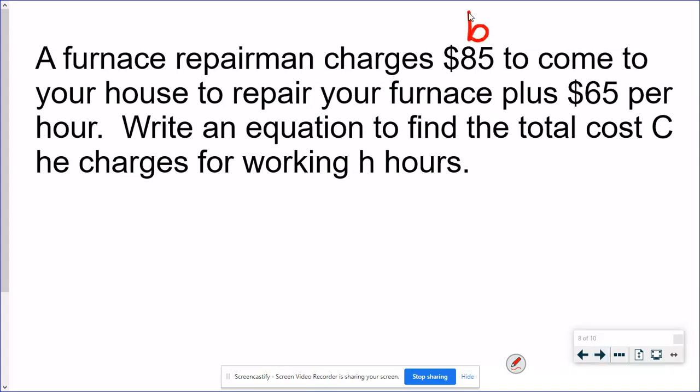They're going to charge you that just to begin, just to get to your house. And then it's going to be $65 every single hour that they're working. So if I want to write the cost for this, the cost is going to be $65 for every hour, and it was $85 just to get there.